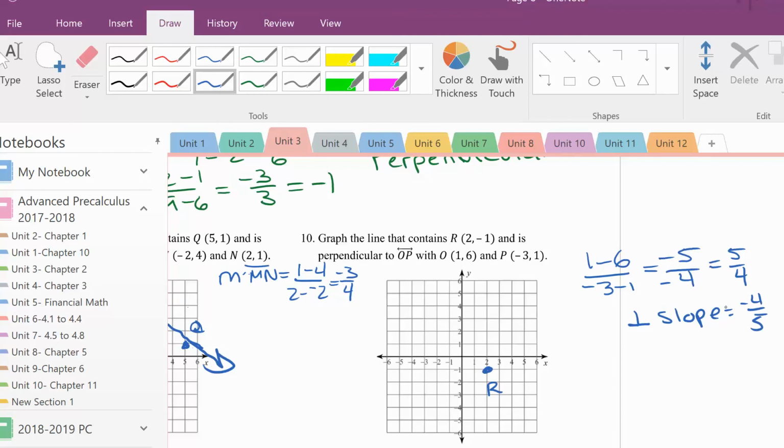So that means you go down 4. Well, in this case, though, we're going to run out of room. So let's go up 4. 1, 2, 3, 4, and to the left 5. 1, 2, 3, 4, 5. There's the next point. And we draw our line. There you go.